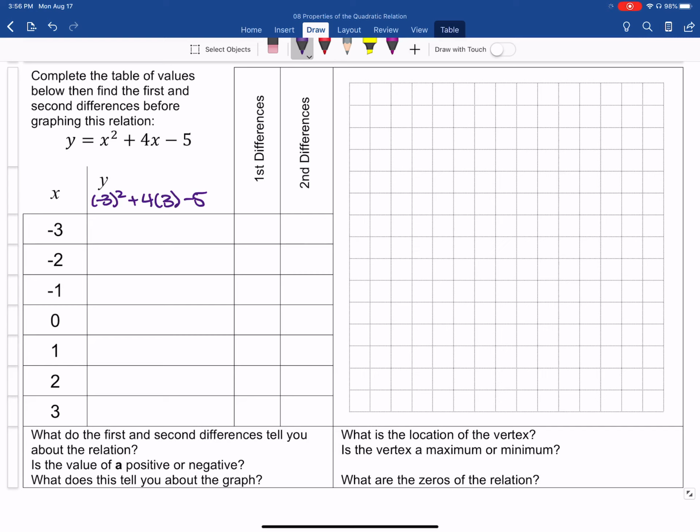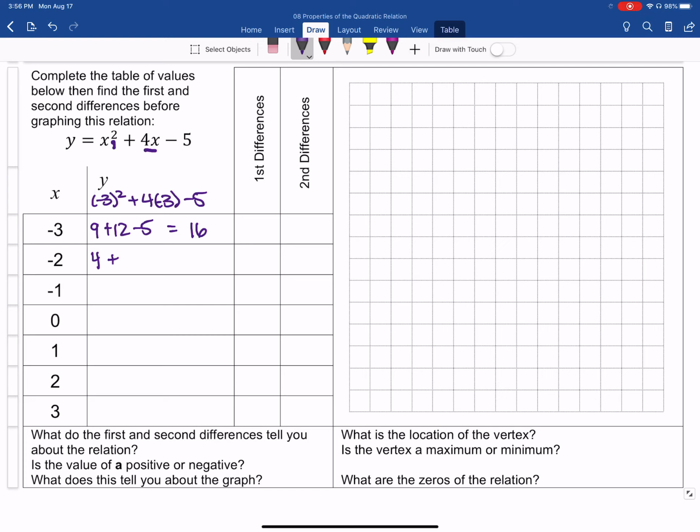So this would be 9 plus 12 minus 5, which is 16. Then we do the same thing. So I'm going to skip the first line, but I'm going to write down the second line. So I'm going to do the squared, this, and I'm going to do the multiplying in my head and write it down. So negative 2 squared is 4. And then negative, oh, see, I already realized a mistake.